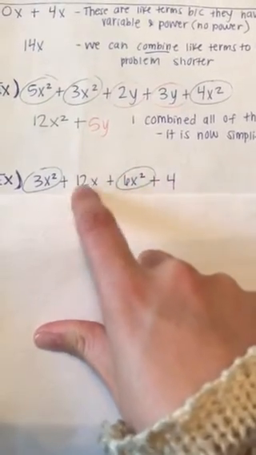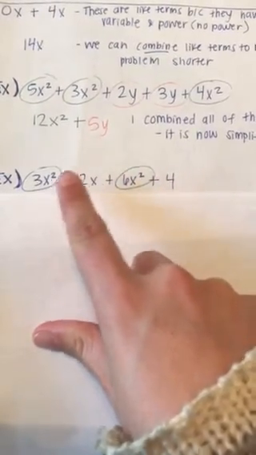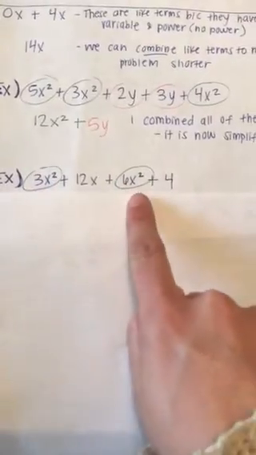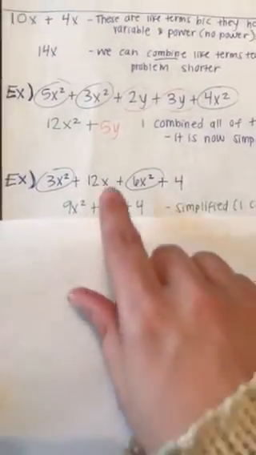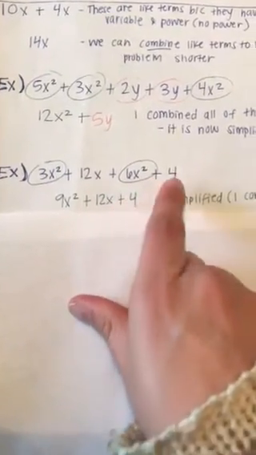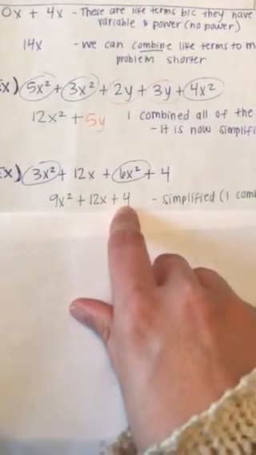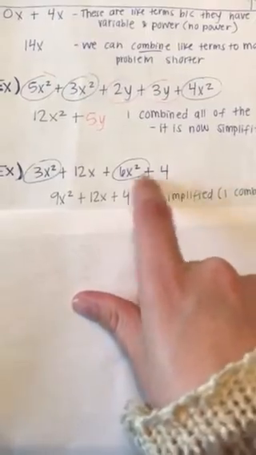So if this was squared, it would be okay, but it's not squared. So we have to do 3x squared plus 6x squared, which is 9x squared, plus 12x plus 4. This 4 doesn't have a variable behind it, so we can't combine it. I simplified that problem.